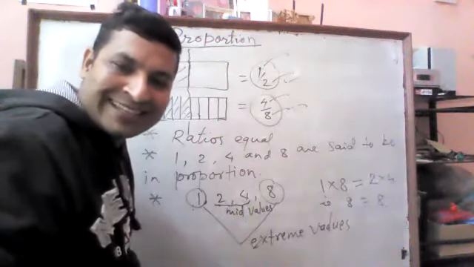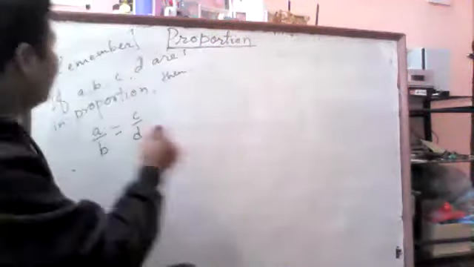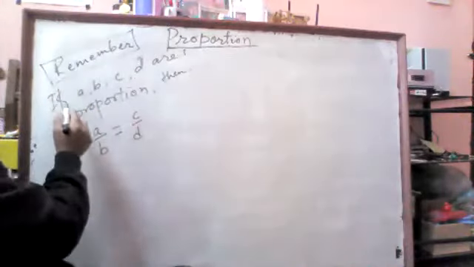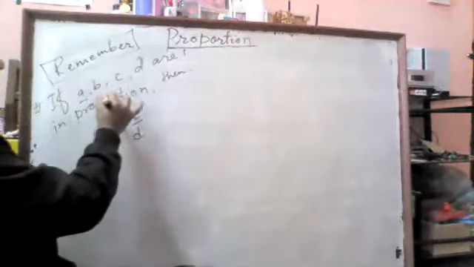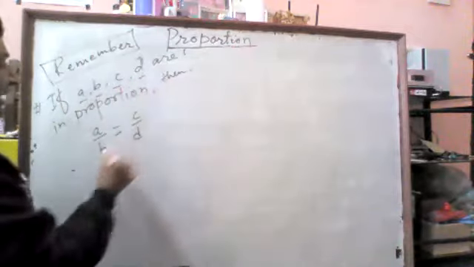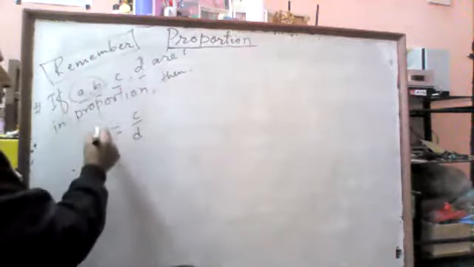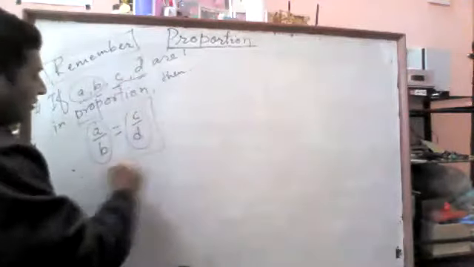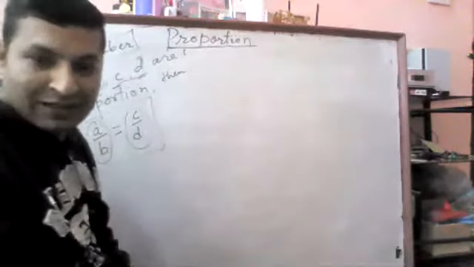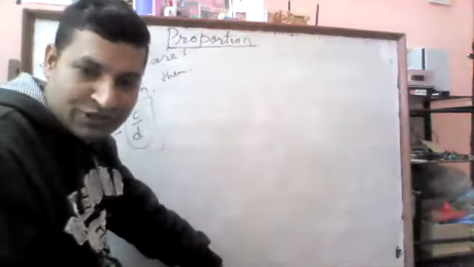I think you understand it, yes? Remember that if four terms A, B, C, and D are in proportion, then the ratio of the first two numbers is equal to the ratio of the second two numbers. This is the property of proportion.